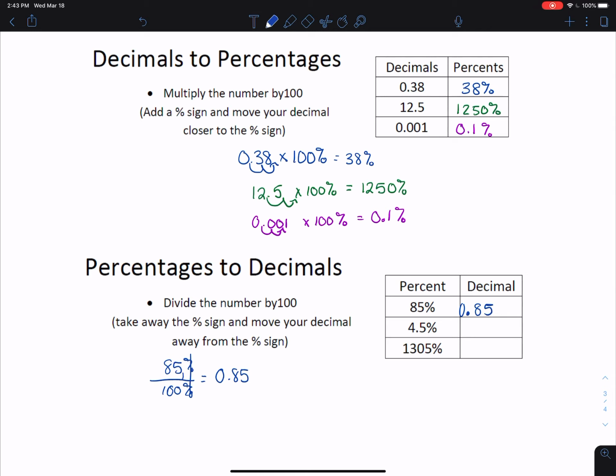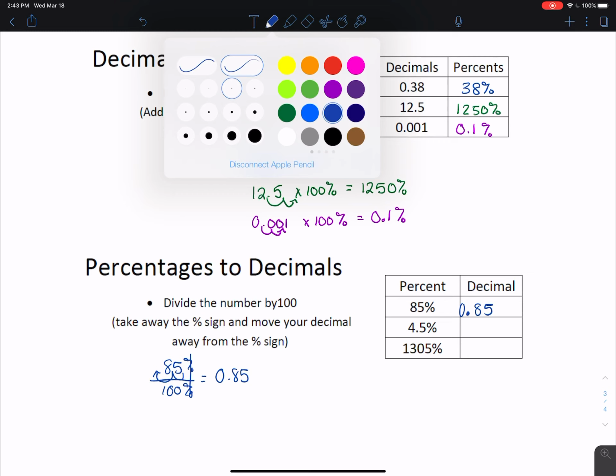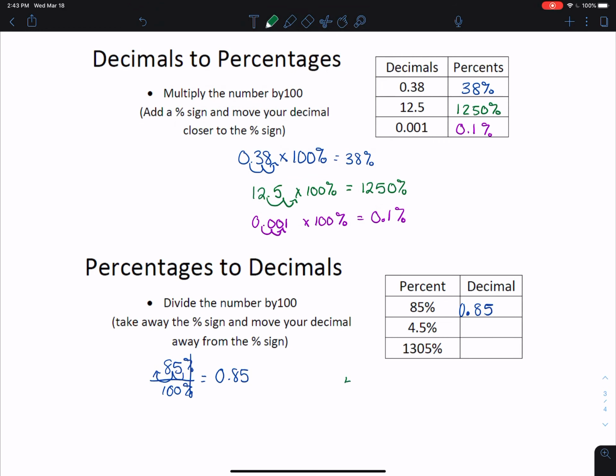Remember, when you divide by 100, we're bumping the decimal point 2 spaces to the left. If I look at 4.5%, I can divide by 100%. The percents are going to cancel out, and that's going to give me 0.045 when I do my division.